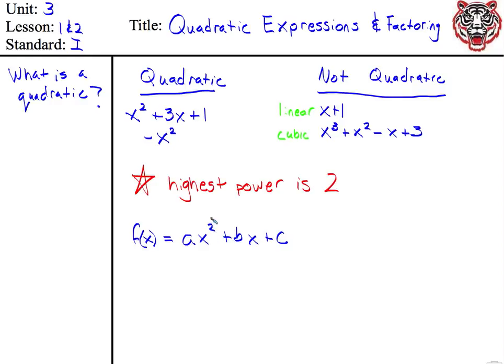And by this, I'm just saying make sure you write the x squared first, then the x, then the number. What question am I asking here? How do you write a quadratic? That's how you write it, in that order.